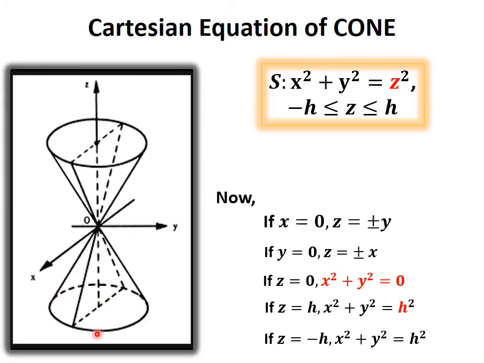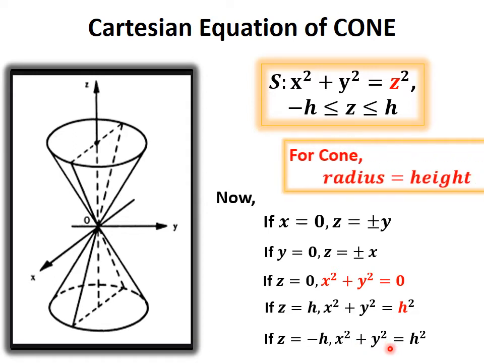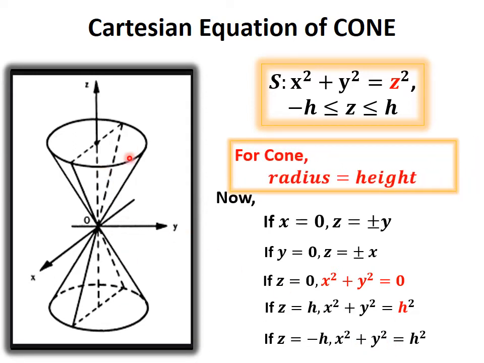On the z equal to minus h plane, you have another circle x square plus y square equal to h square. That circle's center is 0 and radius is h units. Now you can see here h is nothing but the height and also the radius of the curve x square plus y square equal to h square. So for the cone, radius is equal to height.